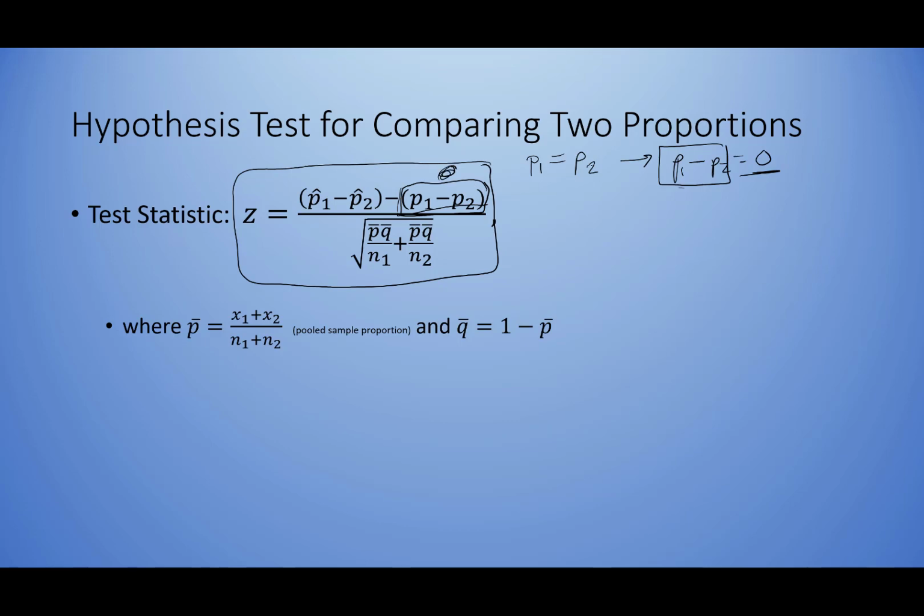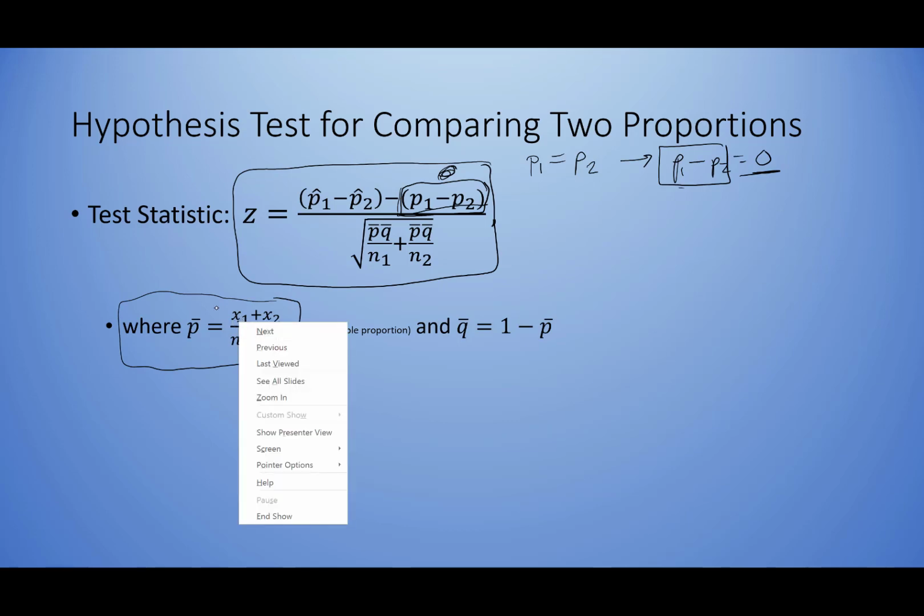Then down here in the denominator, I have P bar and Q bar. Well, P bar is known as the pooled sample proportion. And to find that value, we have to do this side computation down here, where I take the number of successes from group 1, add it to the number of successes from group 2, and then take my sample size of group 1, add it to the sample size of group 2, and then I divide those values.